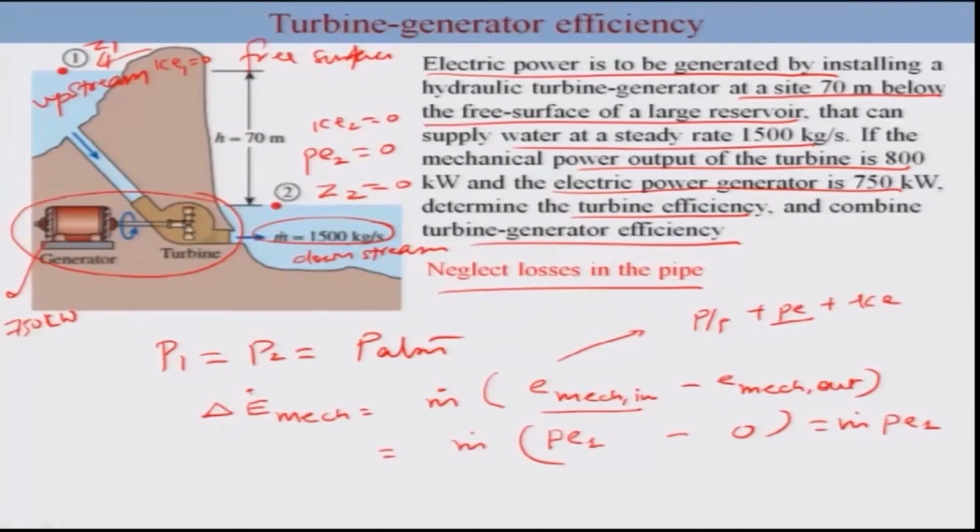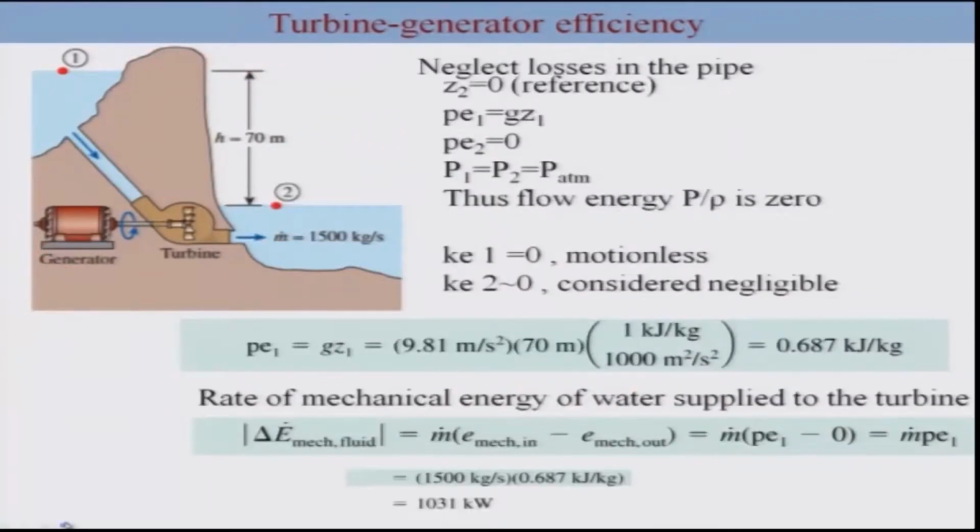So you have the information of change in mechanical energy of the fluid. You can calculate PE, which is nothing but g times Z1, and so you can write the expression. So here is the expression finally: 1500 kilogram per second multiplied by PE, where PE is calculated as g Z1, and this is the value which you are getting as change in mechanical energy of the system.